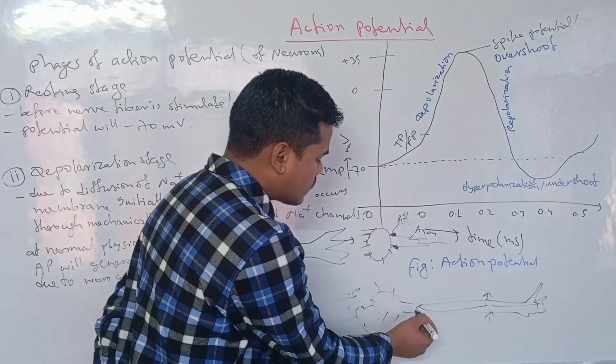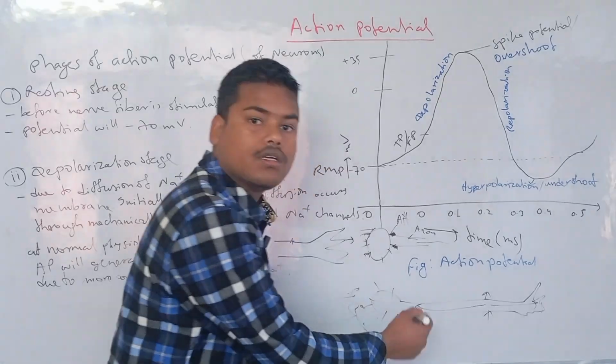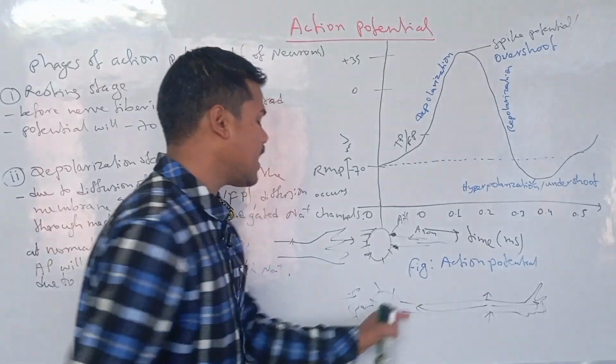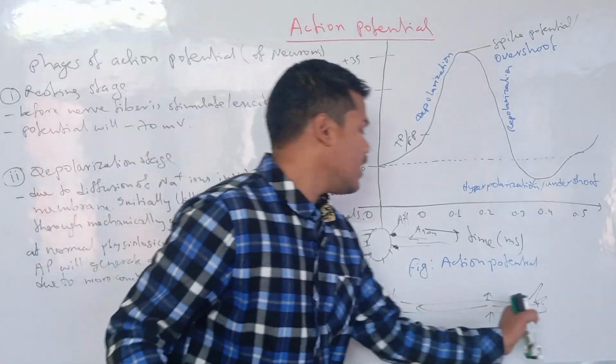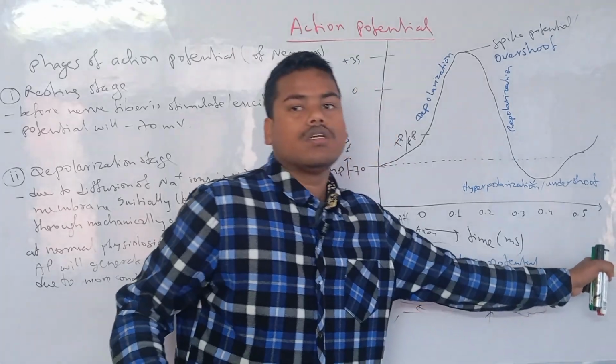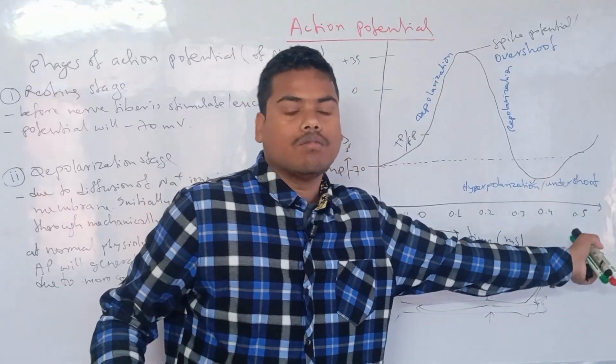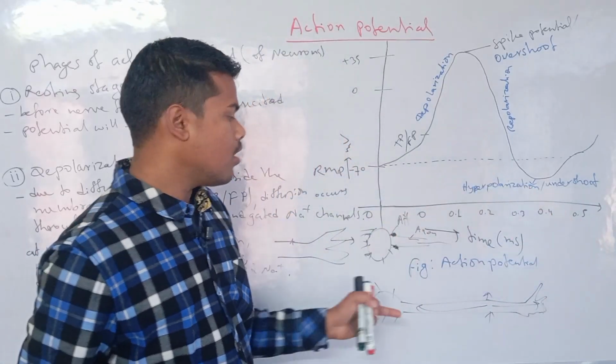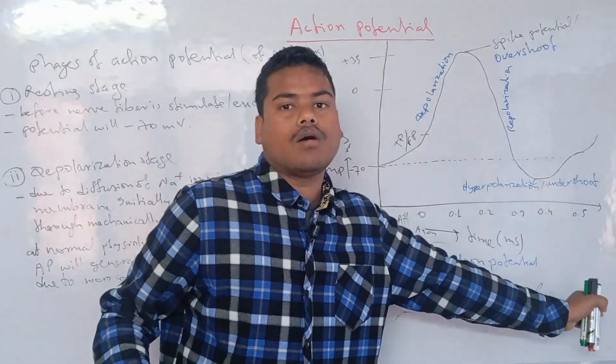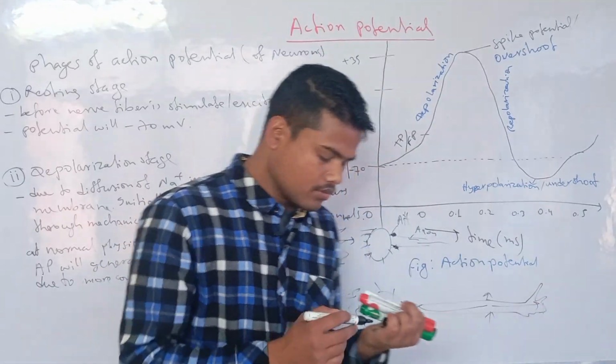So the action potential will die out here, but in the other direction it will transmit if there are other neurons or muscles, or will stop if an effector organ is there.